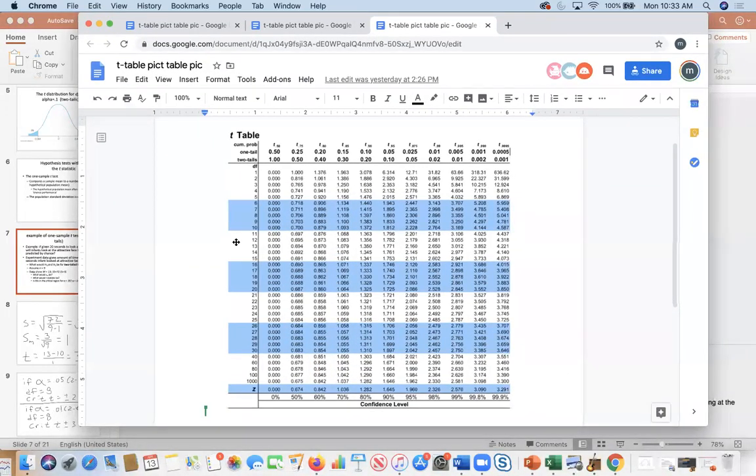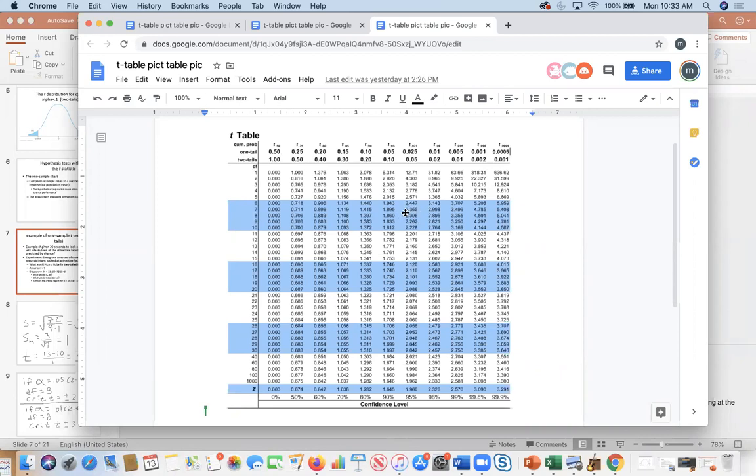So going to our t-table right here, degrees of freedom equals 8, just on the left side. We're doing a two-tailed test, so we're going to use these numbers up here, and we're looking for 0.05 as our alpha level. So we go to where those meet, and right here it says our critical t is 2.306.